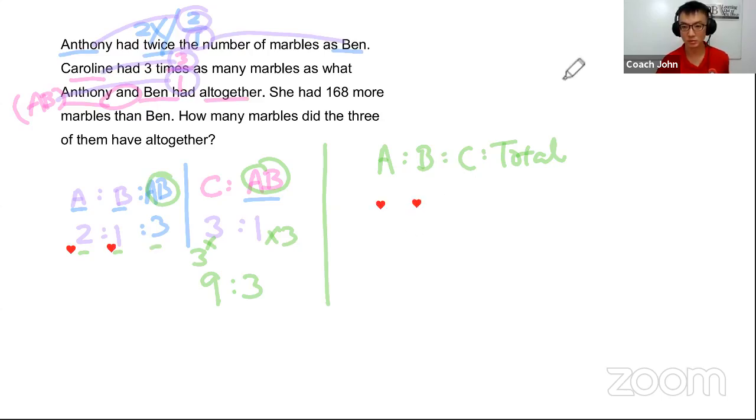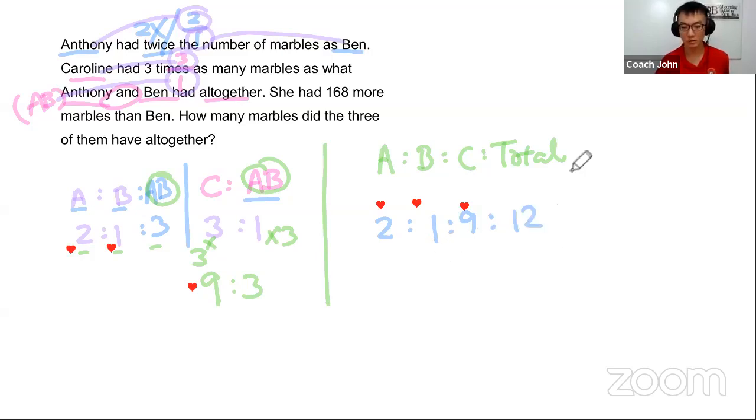So let me just write down 2 is to 1. Then C, you have to use the final number, right? So here is 9. And total is 2 plus 1 is 3. 3 plus 9 is 12.